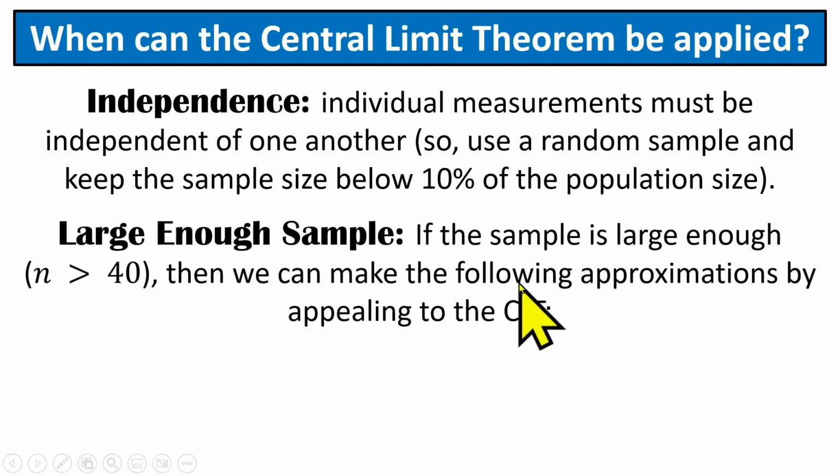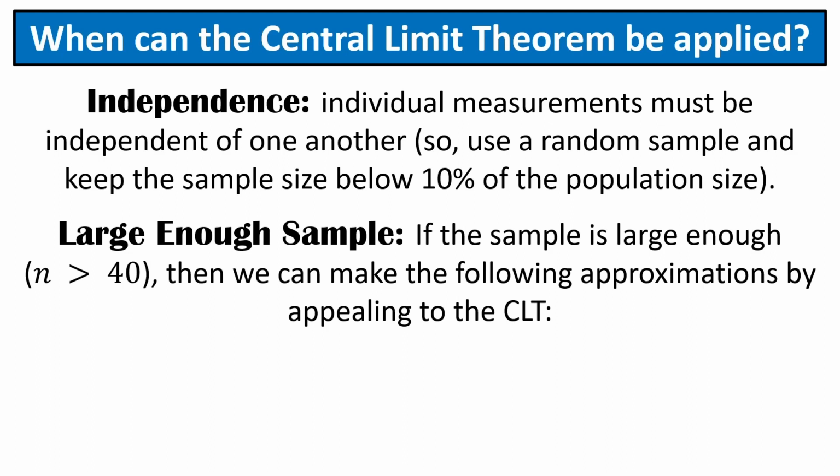And the second condition, to put it very simply, is the sample size has to be big enough. So if the sample size is large enough, then we can make our approximations as I'm about to talk about. But let's just make sure we know what large enough means. It all depends on the distribution for individual measurements. If the distribution for those individual measurements is approximately normal, the sample size doesn't need to be very big. 10, 15 or so would be big enough.